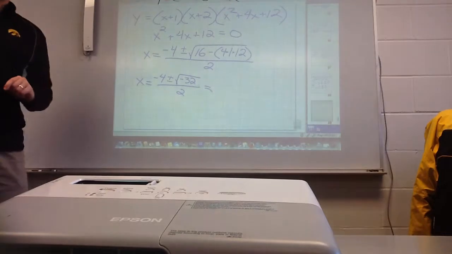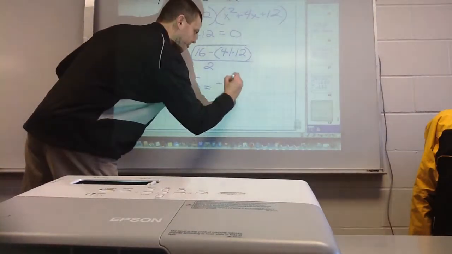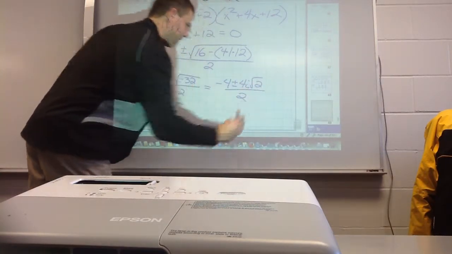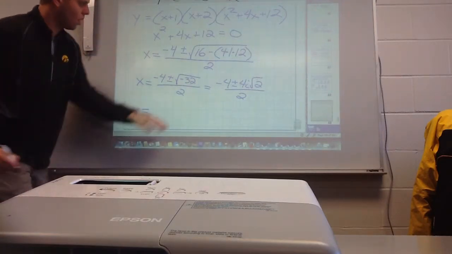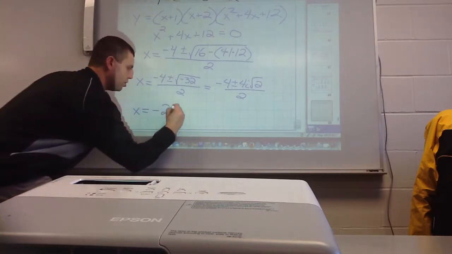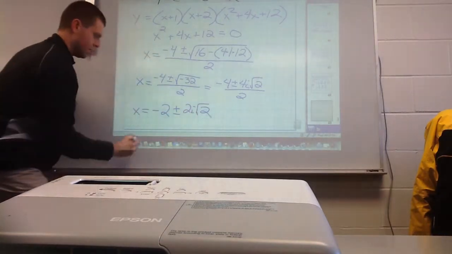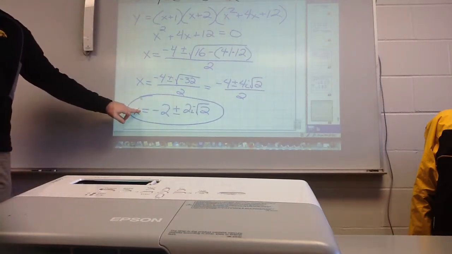Simplify the square root of negative 32. 4i root 2. And then, are both terms divisible by 2? Yep. So negative 2 plus or minus 2i root 2. There are my other 2 zeros.